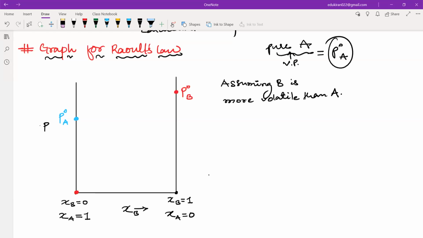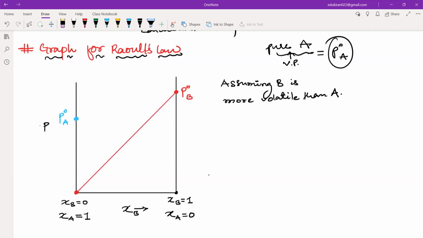Now, slowly, when I move forward in the x direction, what is going to happen? I will start from here, that is 0, and slowly the pressure due to B will increase, and at the point where we have only B in the solution, the pressure will be equal to P naught B. So this is the graph that you will get for the pressure due to B in the solution.